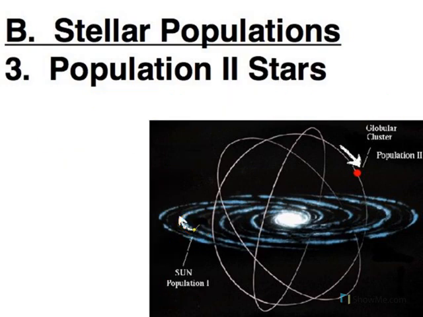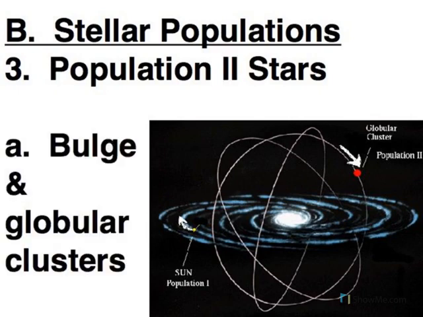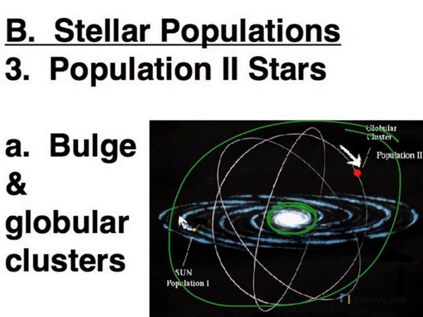So of course the other group are population 2 stars, so make that a Roman numeral 2. And so these are the ones found not in the disk. And in particular, they're found in the central bulge, and they're found out here in the halo, because the globular clusters are in the halo.